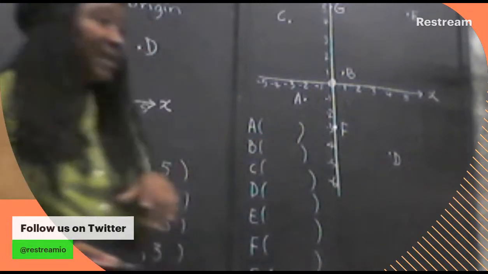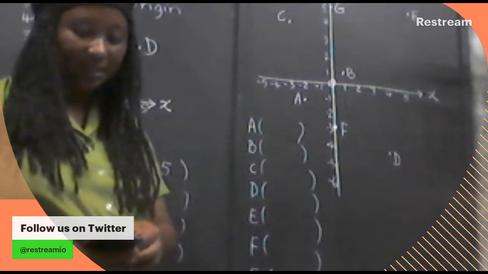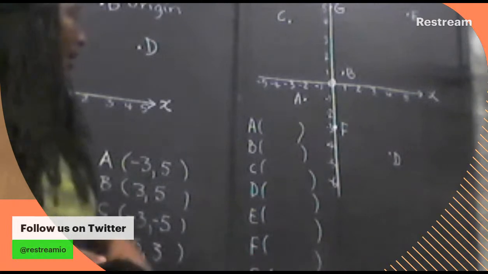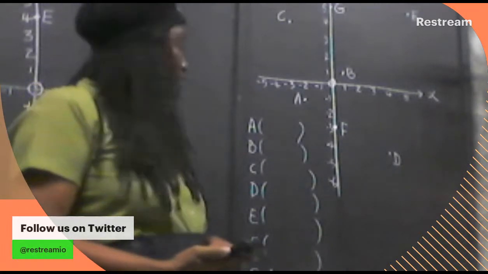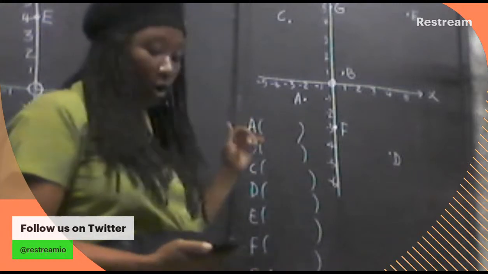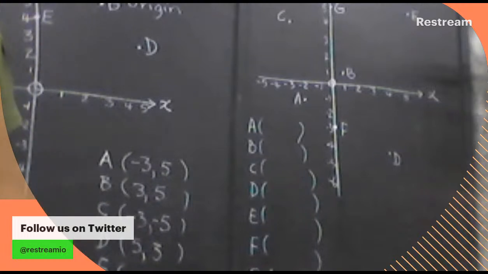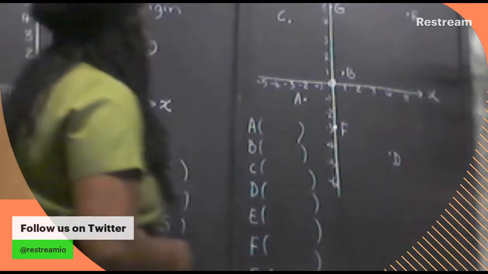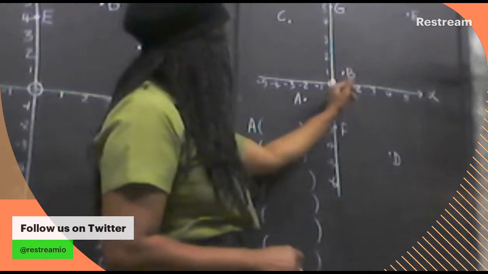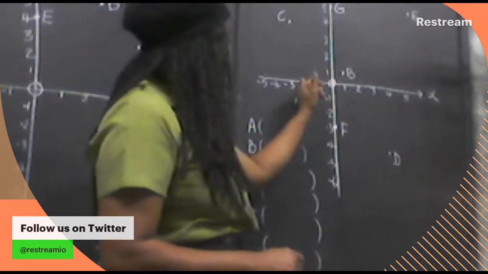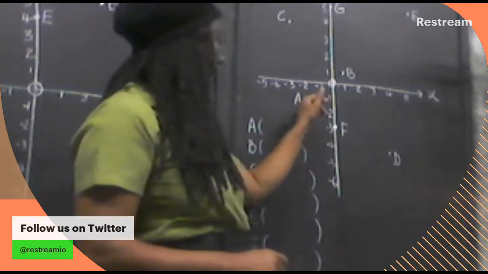Did we go to the left or the right on the x? And did we go up or down on the y? If we're moving from here to get here, we had to move to the left 2 places and then down 1 place.